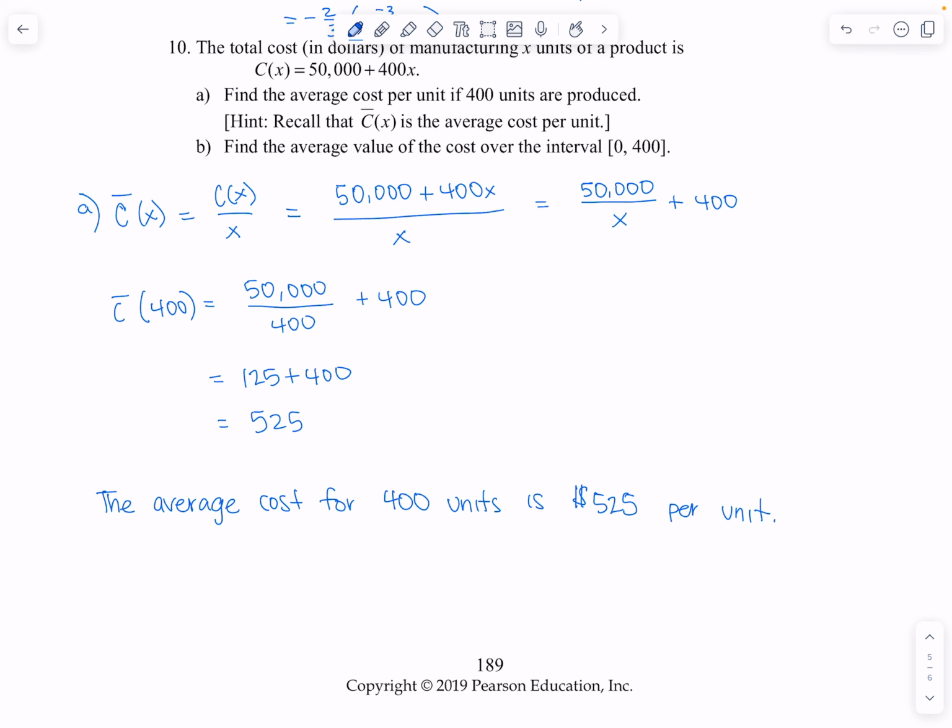Now let's find B, the average value of the cost over our interval.